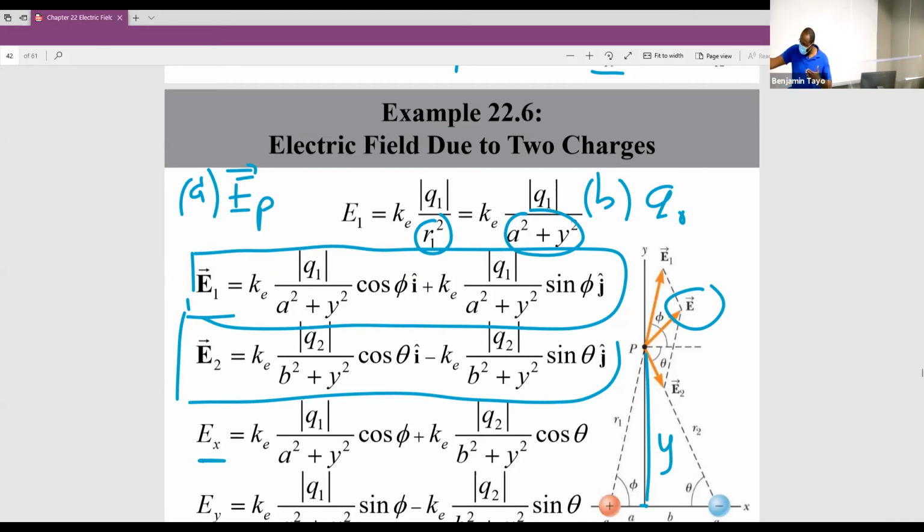Then the electric field is going to cause that charge to move. How is it going to move? Is it going to move up or down? It depends on the Q naught. So if Q naught is positive, the force is pointing like that. If Q naught is negative, the force is pointing like that.